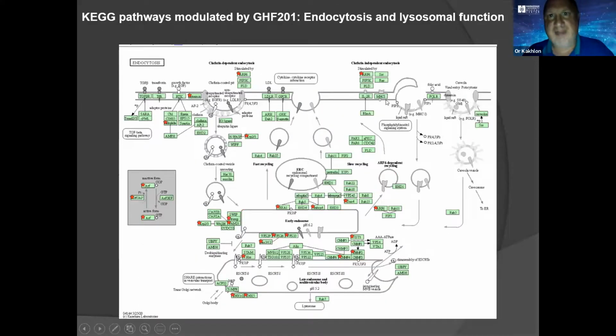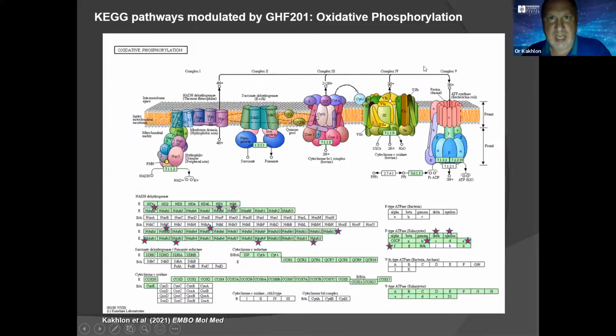And interestingly enough, these proteins, if we just talk about the ontology of the GO terms, if we look at functional families, they actually belong to endocytosis and lysosomal function on the one hand and oxphos on the other hand.